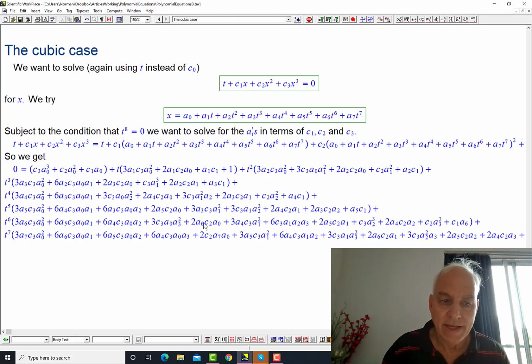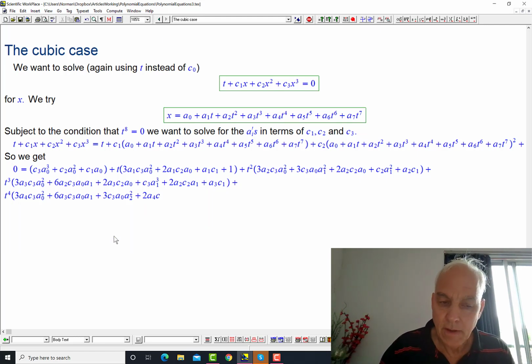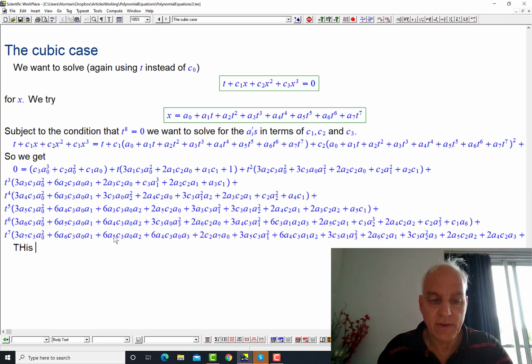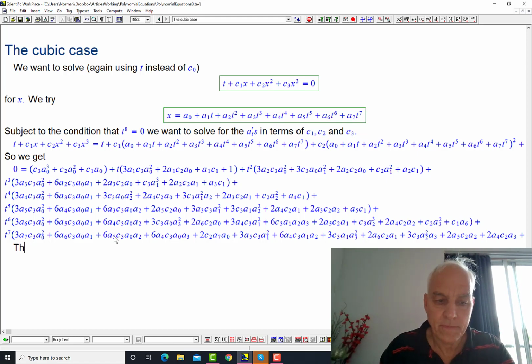That's a polynomial in t of degree 7. All the terms, all the coefficients had better be 0. So this gives us a number of equations.